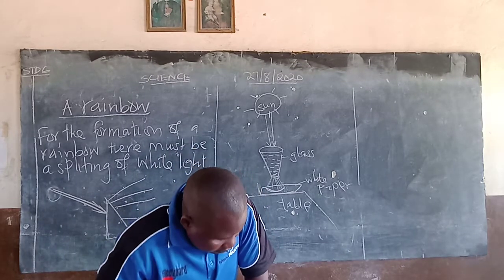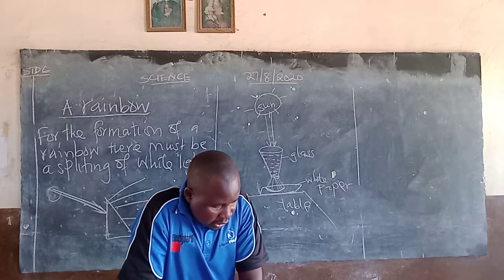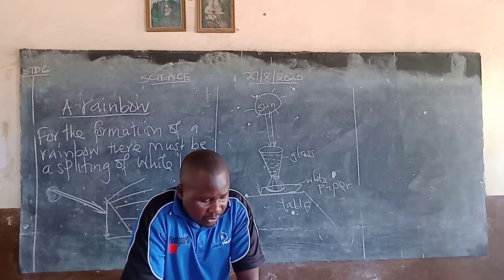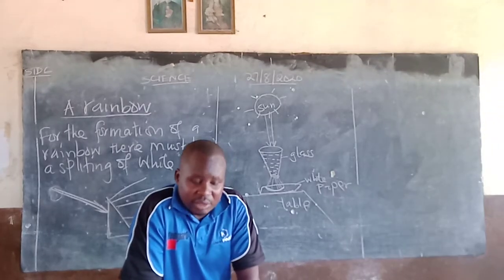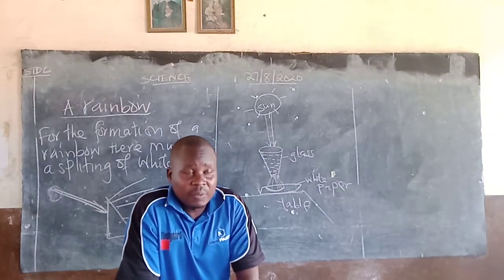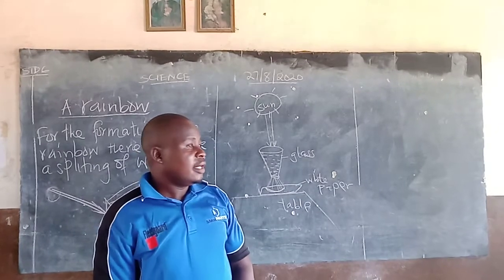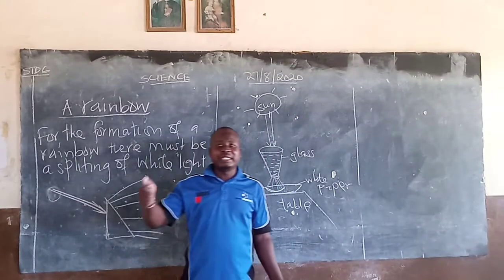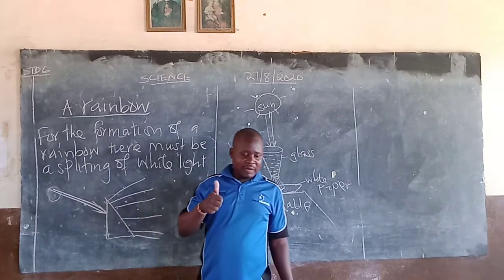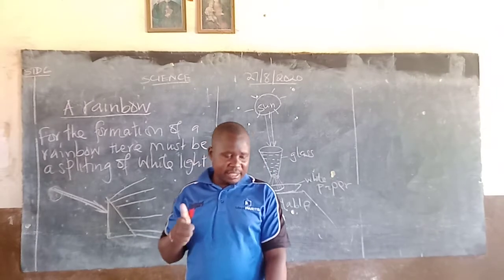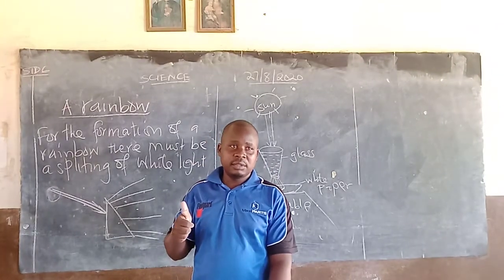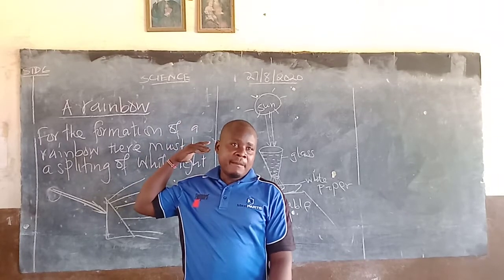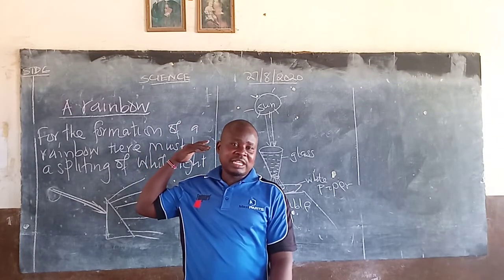Now, we realize that rainbow colors form in a water spray. I don't know whether you have seen this. You can have a normal water spray. For you to see it well, make sure the sun is at your back.